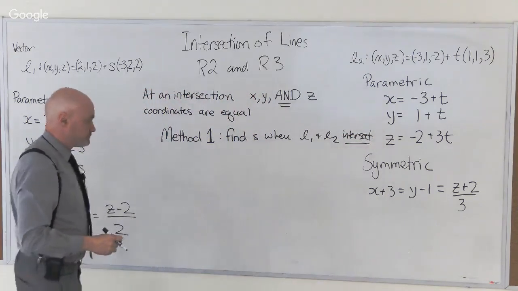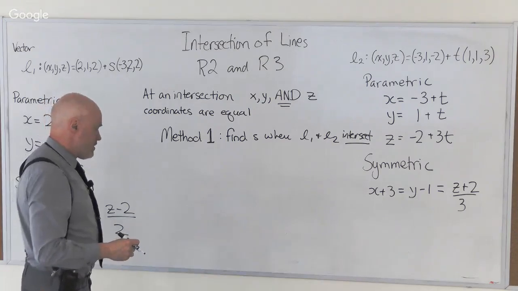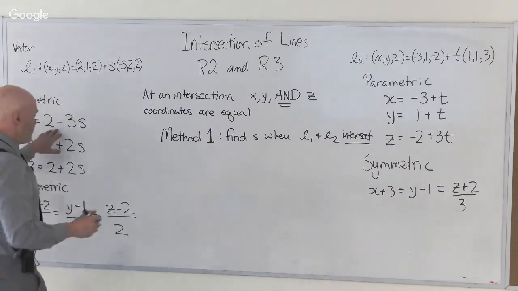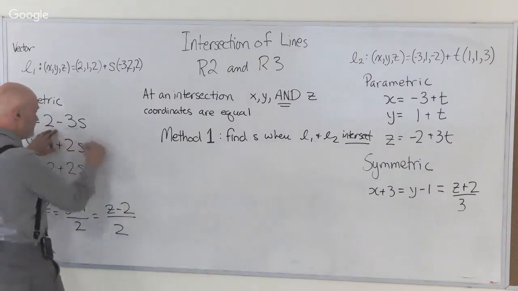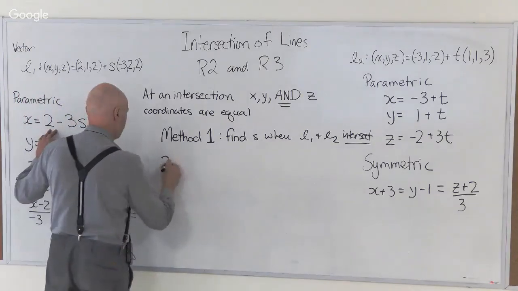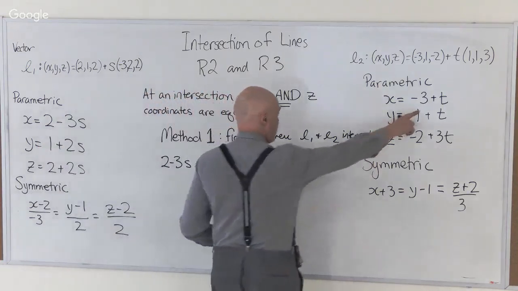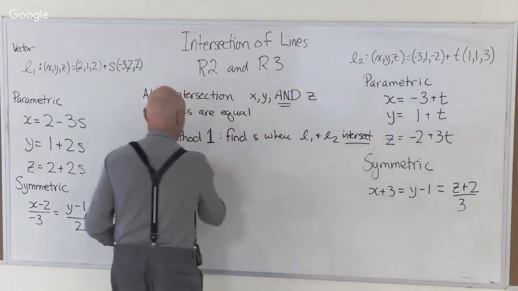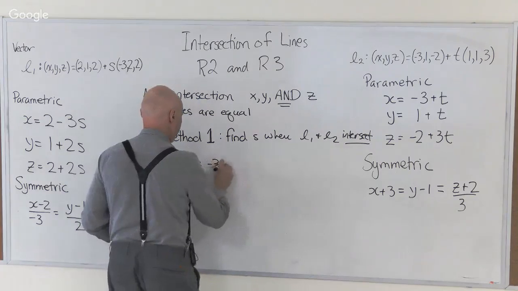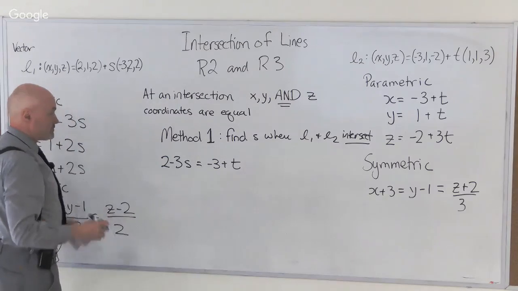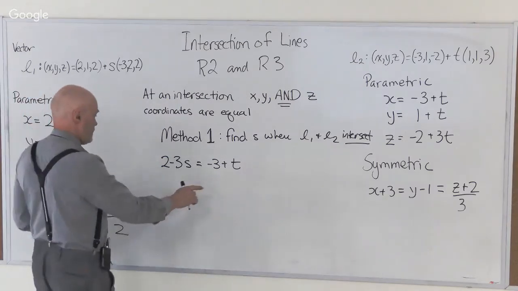So my x coordinate here, 2 minus 3s, has to be equal to my x coordinate over here, which is negative 3 plus t. This is my x coordinate.